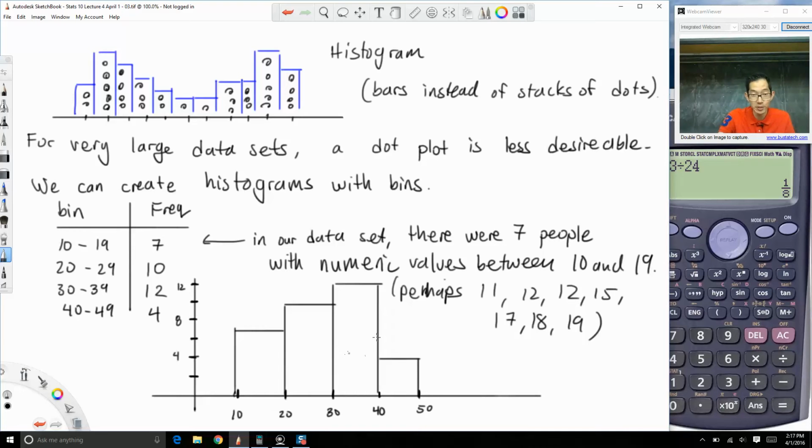All right, and so this is a histogram that represents the information inside our frequency table for these named numeric ranges.